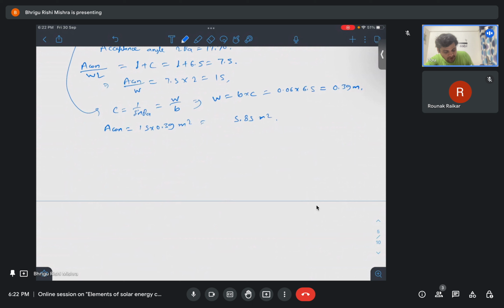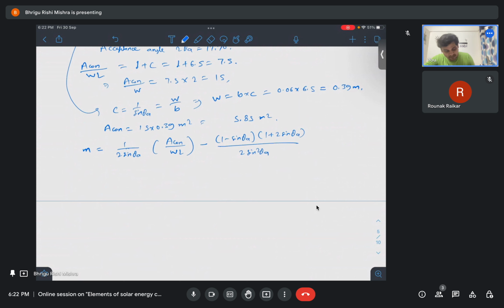That is denoted by M, and the formula to calculate it is 1 by 2 sine theta A, times (A con by WL minus 1) minus sine theta A, times (1 plus 2 sine theta A) by 2 sine square theta A.